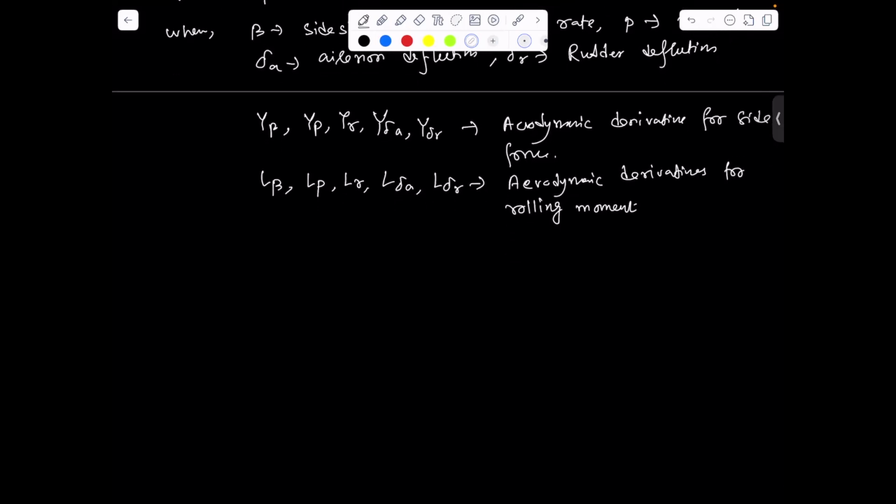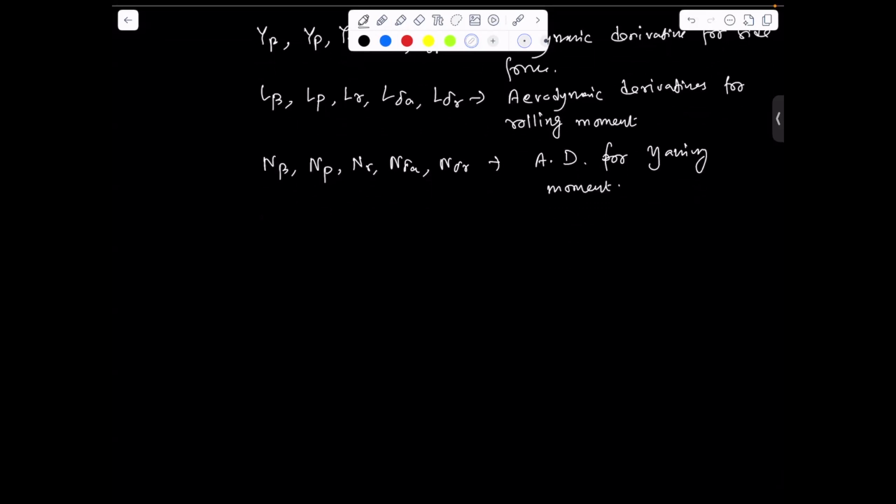And N beta, NP, NR, N delta A, N delta R are aerodynamic derivatives for yawing moment. And here M is the aircraft mass and V is the true airspeed.